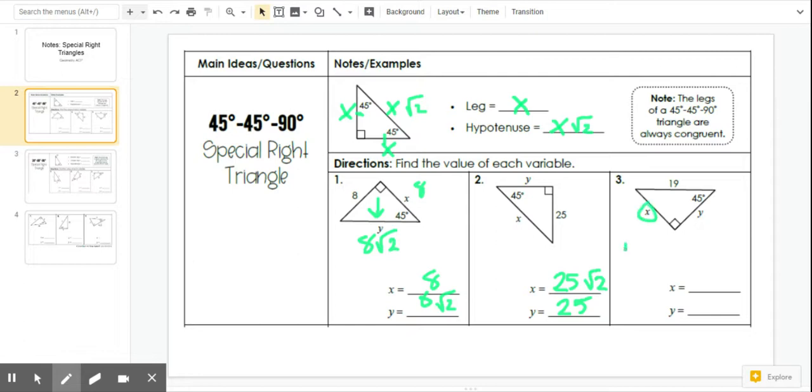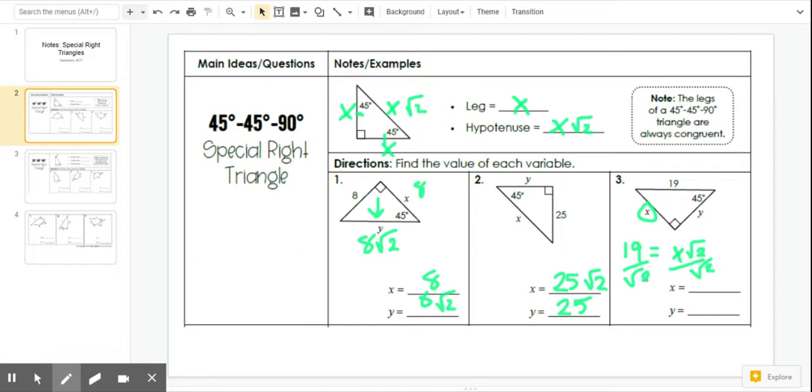We know that 19 is equal to x, whatever the leg is, times the square root of 2. Now we have an equation right here. Don't get hung up on the fact that there's a radical there. You don't really need to do a lot with it. We just want to get x alone. In order to do that, we're going to divide by the square root of 2 on both sides. And that's it.